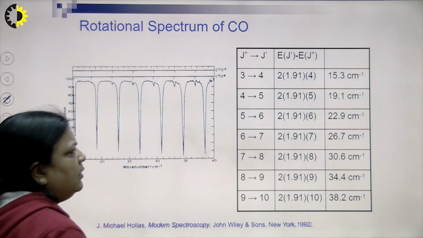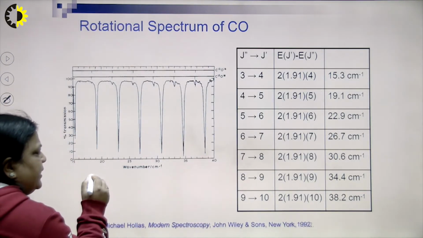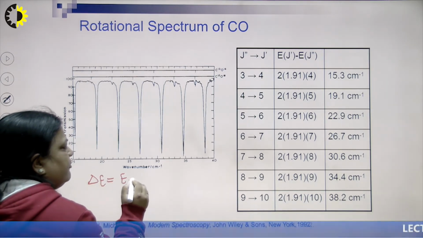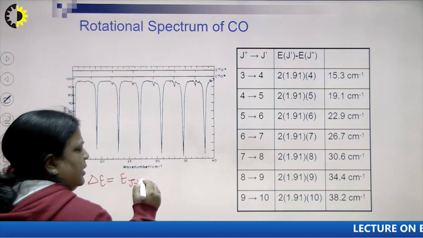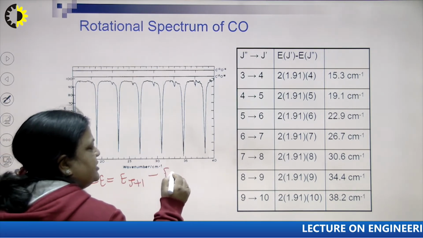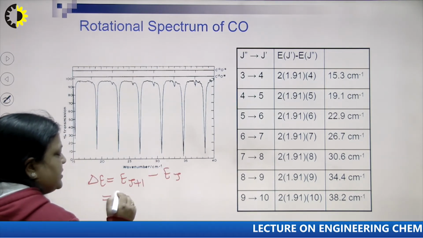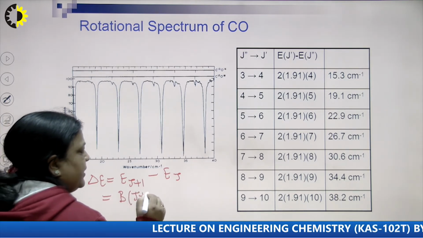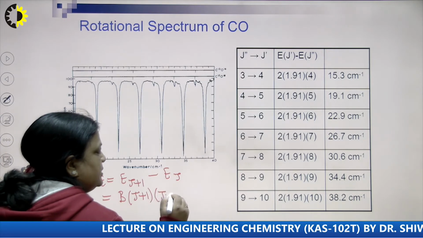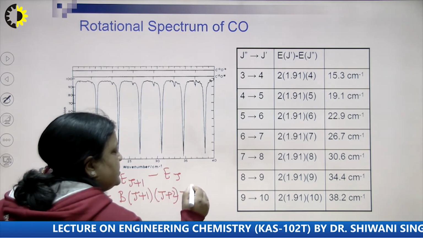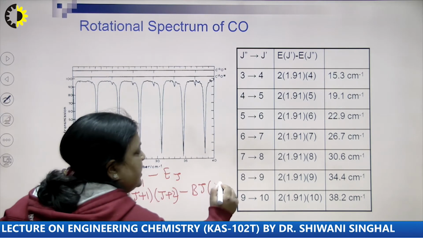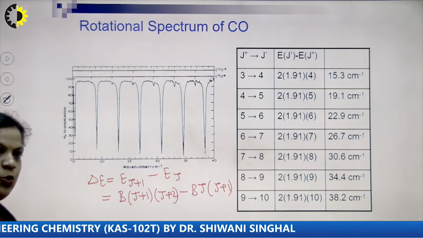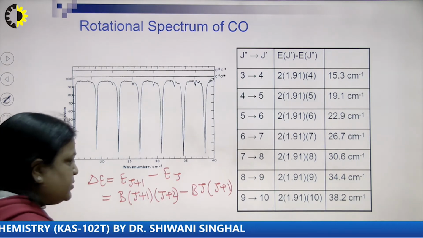And how does this formula come about? We can easily find it. Let delta E be the energy of J plus 1 minus the energy of J. For the energy of J plus 1, put the value of J as J plus 1, so B (J plus 1)(J plus 2) minus B J (J plus 1), because the energy is B J (J plus 1).